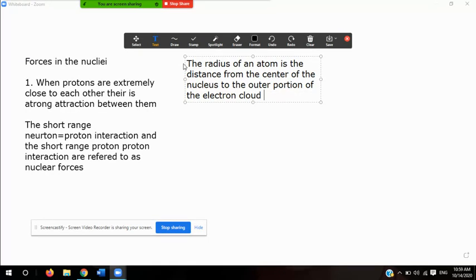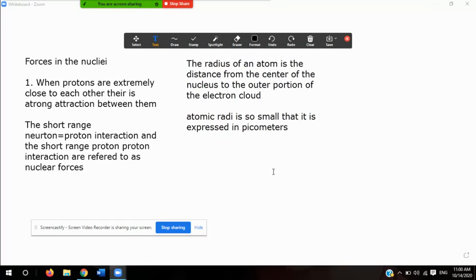Because atomic radii are so small, they are expressed in picometers. Remember, we're talking about subatomic particles, and the atomic radius, which is the distance from the center of the nucleus to the outer portion of the electron cloud, is so small that it has to be measured in a unit called picometers.